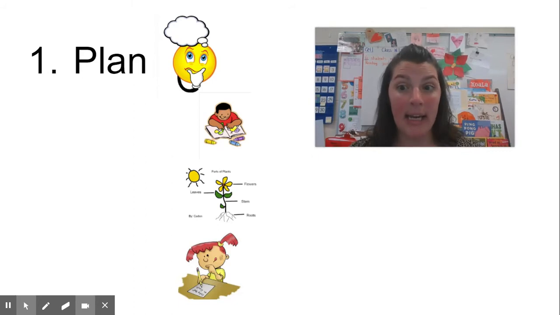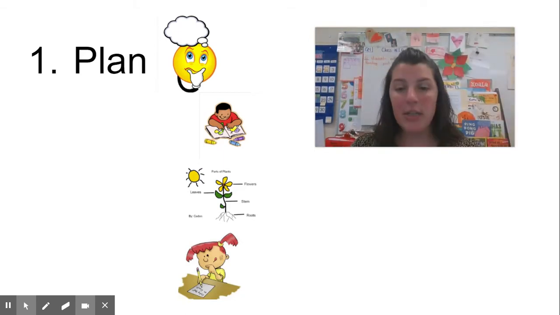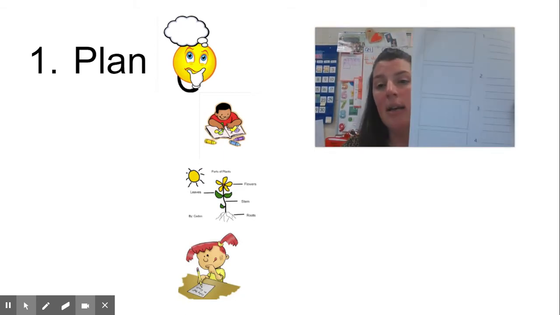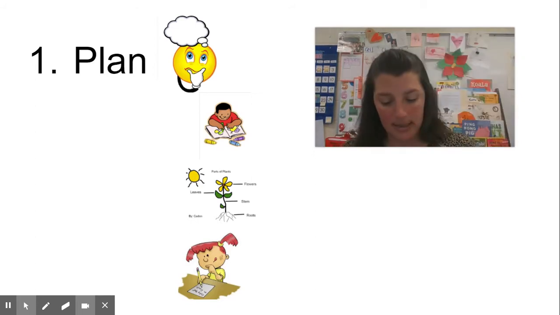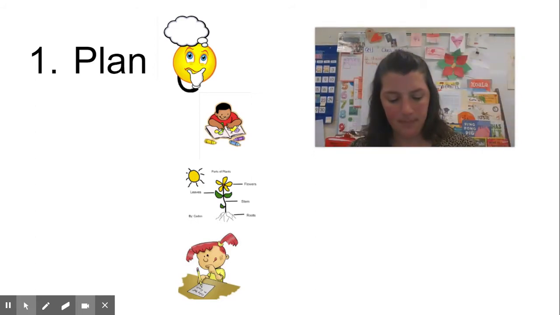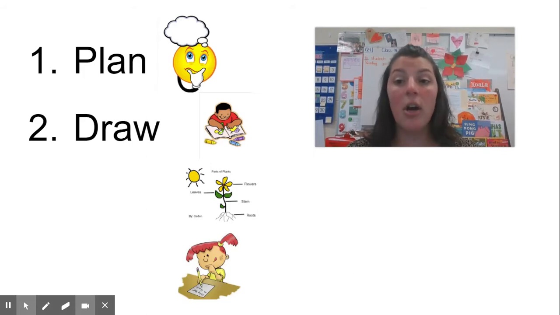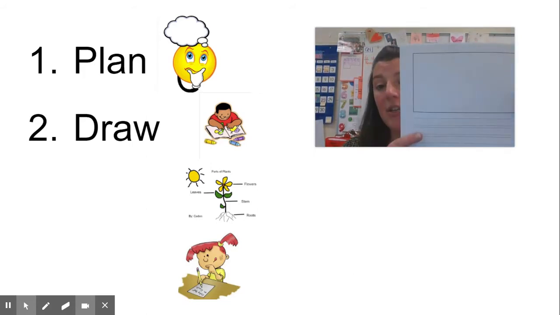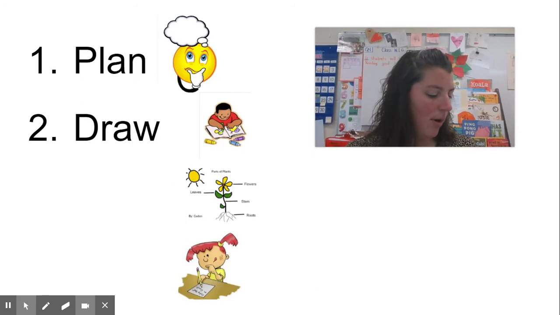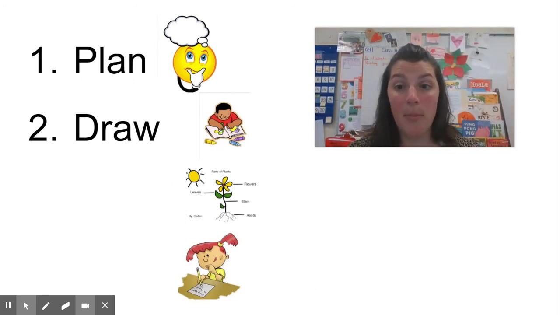When we plan out our book, that means first we're going to think of the topic we want to write about, and then we're going to plan what goes on in each box or on each page. After we've planned it, do you remember what we do? We draw. So we do a quick sketch on each page or in each box to help us remember all the parts we want to include.